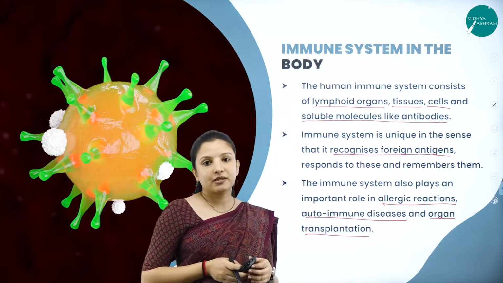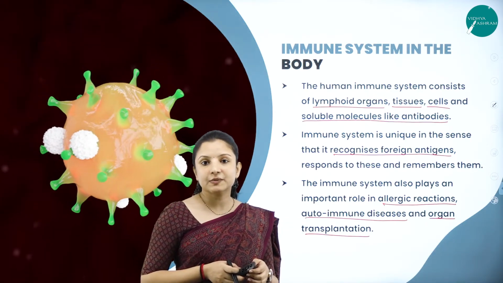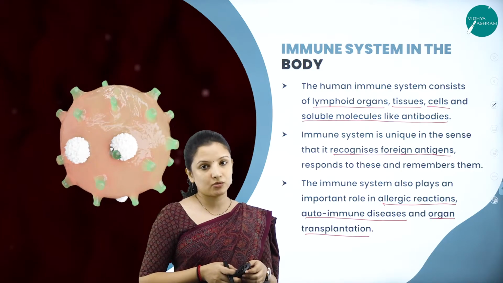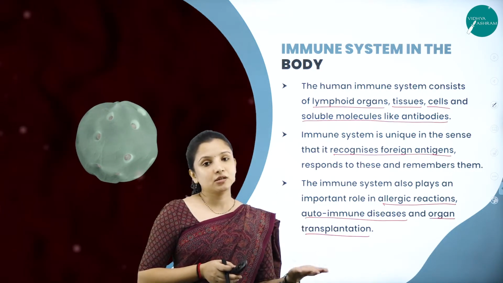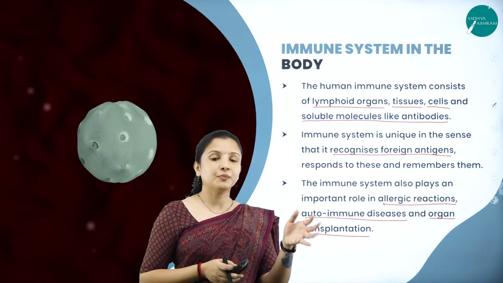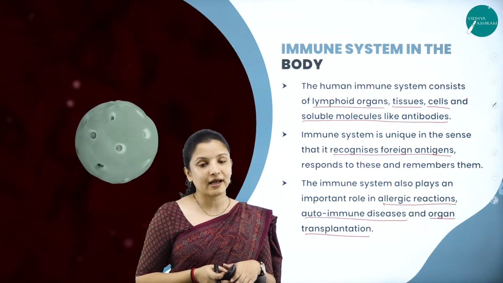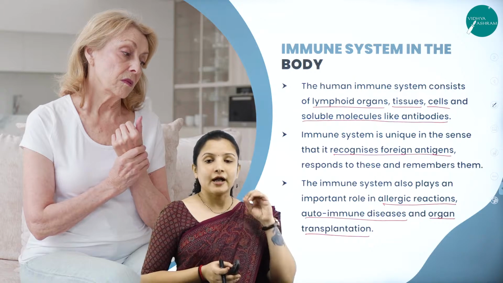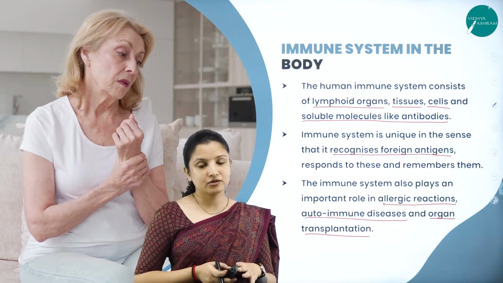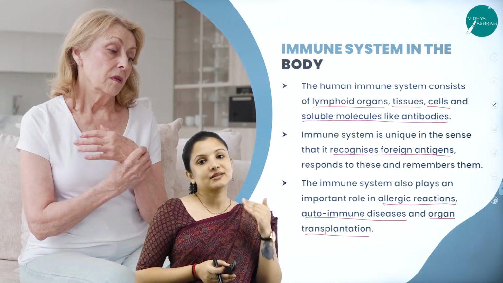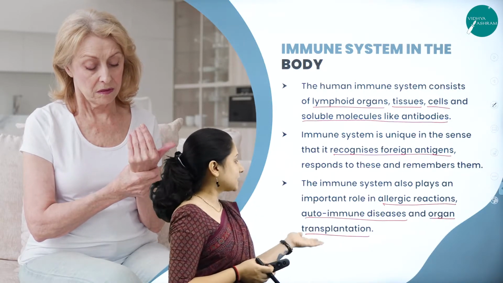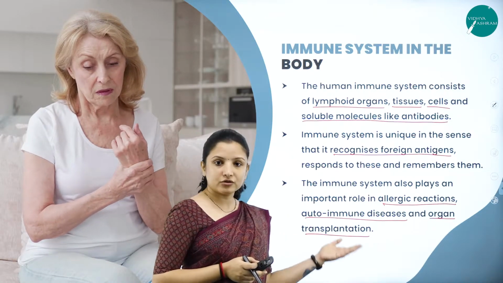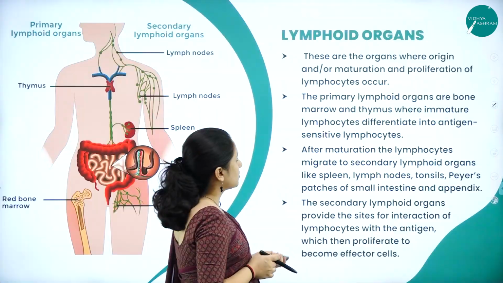Organ transplantation, as I told you in the previous session, is when a person receives an organ from a donor, that person's body will think it is a foreign body and start to attack that organ. That is the time when the immune cells have to be brought down using certain immunosuppressants. So that is how the immune system plays a role during organ transplantation also.